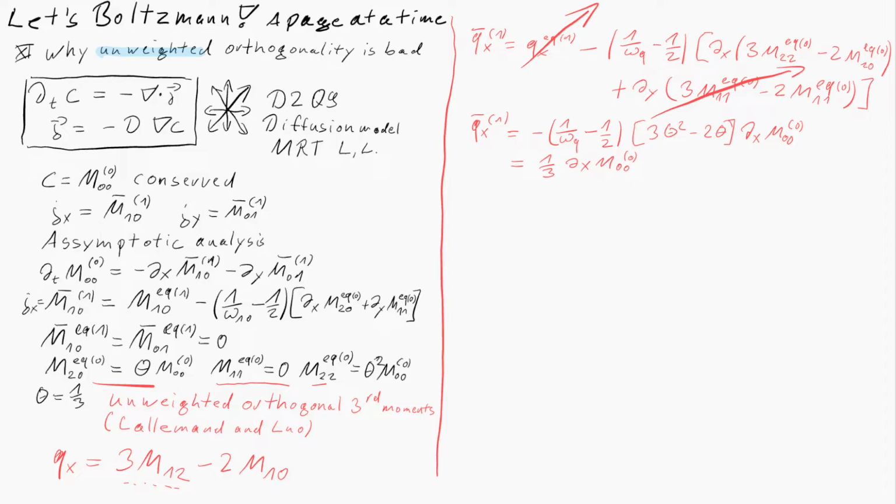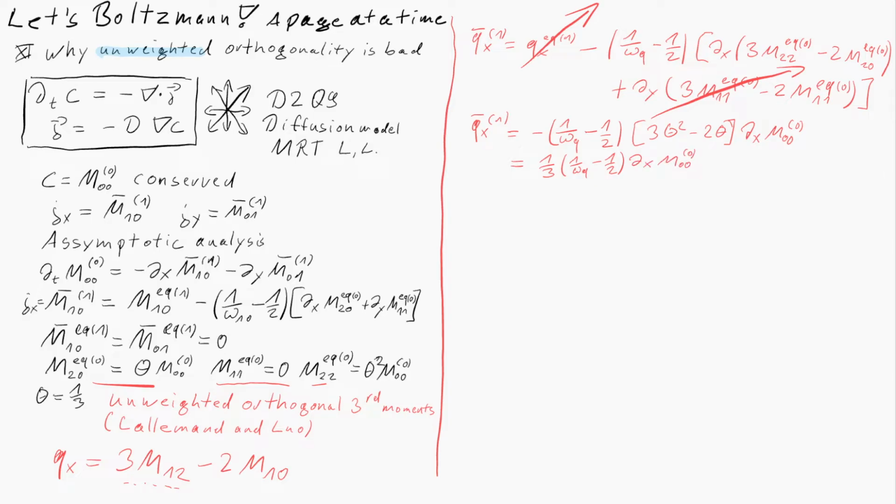Now what's the problem with this? The problem is that it's not correct. So this is 1/3, 1 over omega q minus 1/2, and this into dxm00.